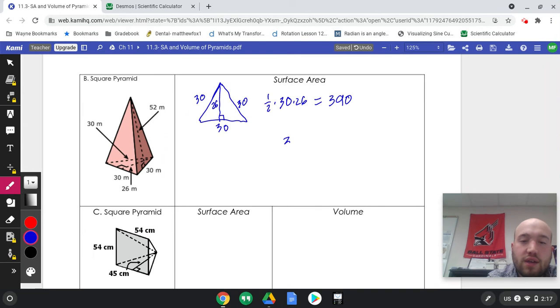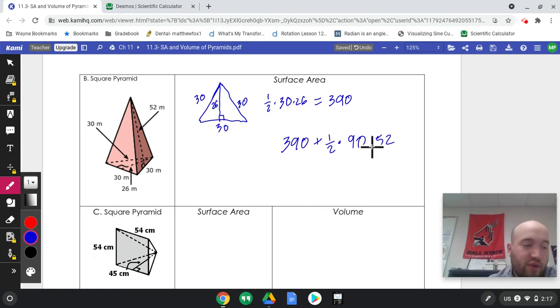Now we need that 390, that's the area of the base, plus 1/2 the perimeter of the base, which each side you can see 30, 30, 30, so 30 times 3, that's 90. And then the slant height is 52. Okay, that's already given to us right over here.